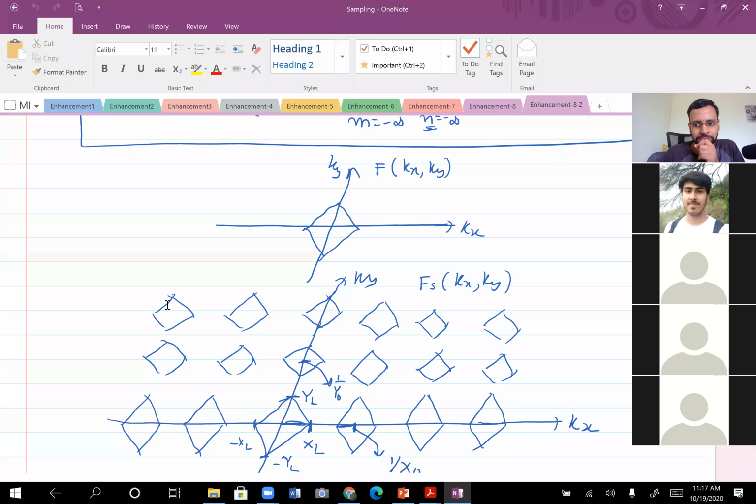Sir, it depends on how much the signal is aliased in the other direction also. No, he's saying there is no... Sir, if f of xy can be written as f of x into f of y, then is it possible? Maybe independent. See, let me see it in a way.